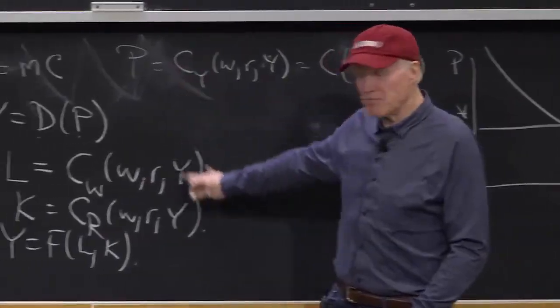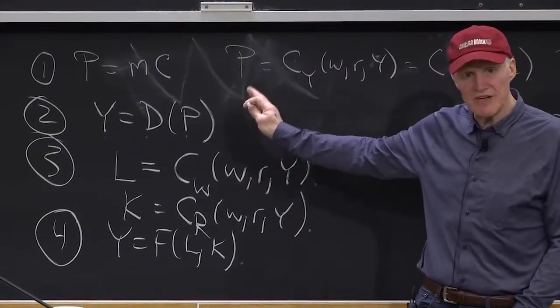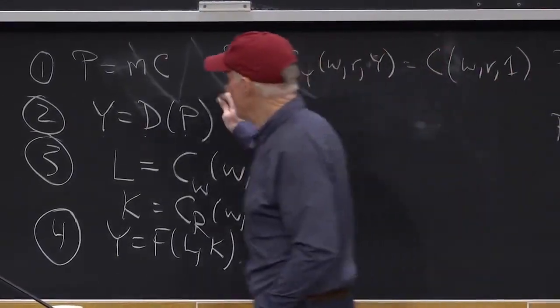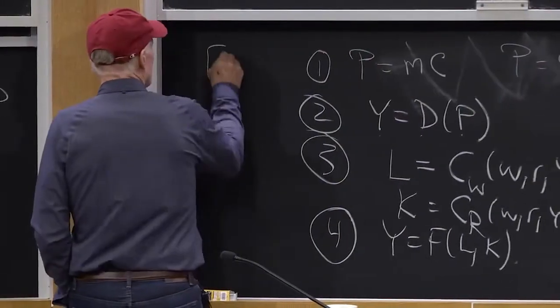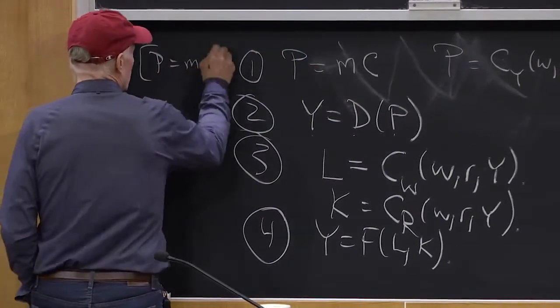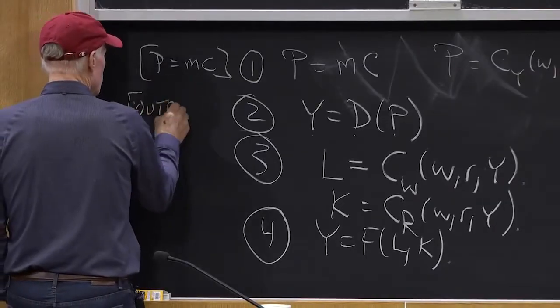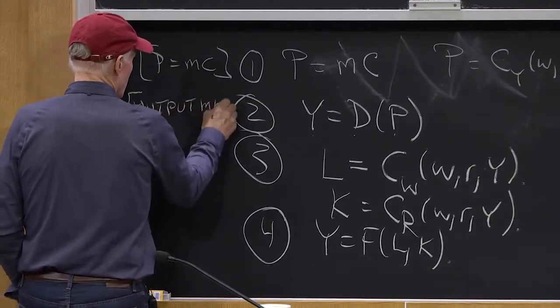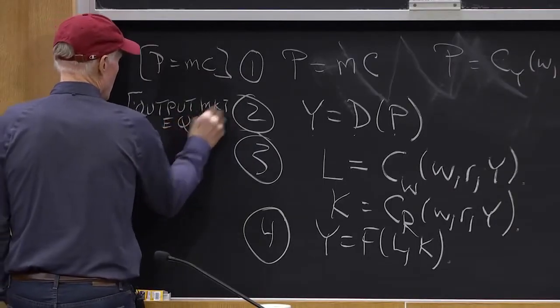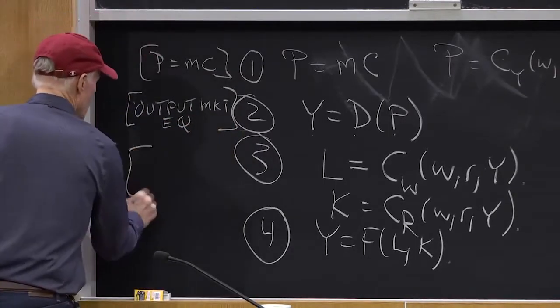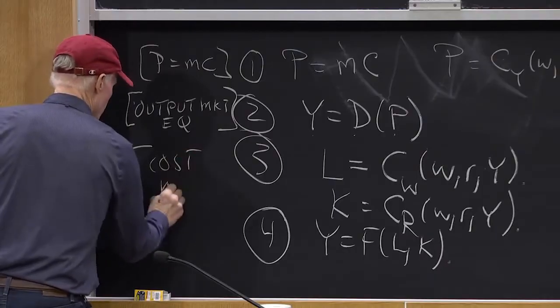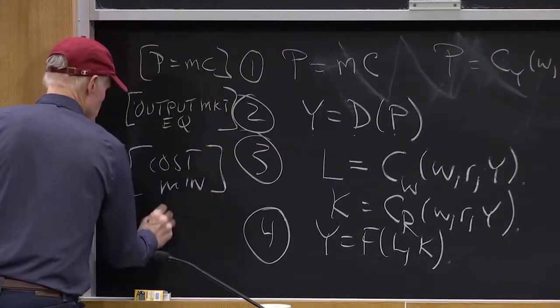I'm going to explain this system in terms of changes. Okay? I want you to think about this as price equals marginal cost. This is output market equilibrium. This is cost minimization. And this is the production function.